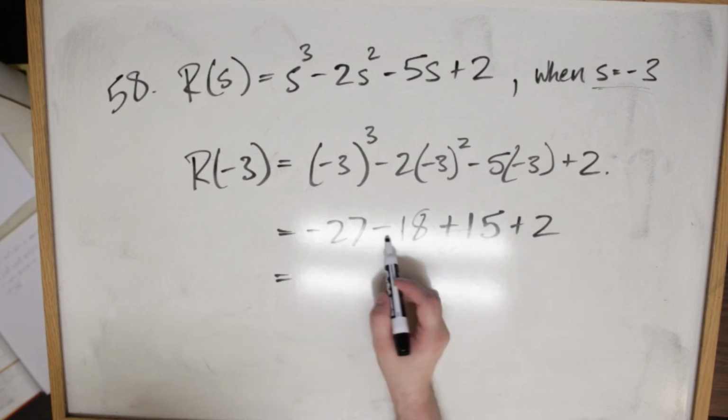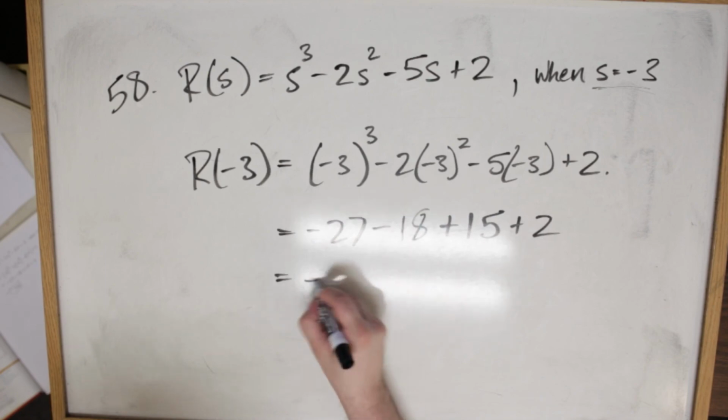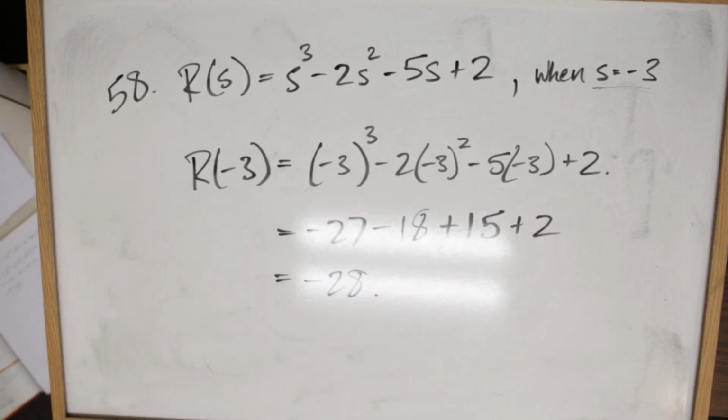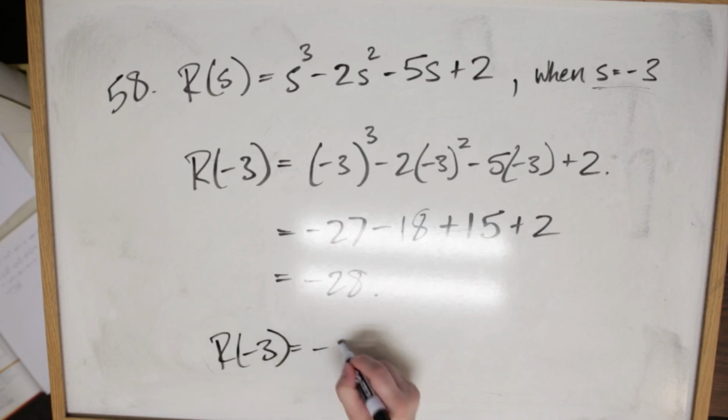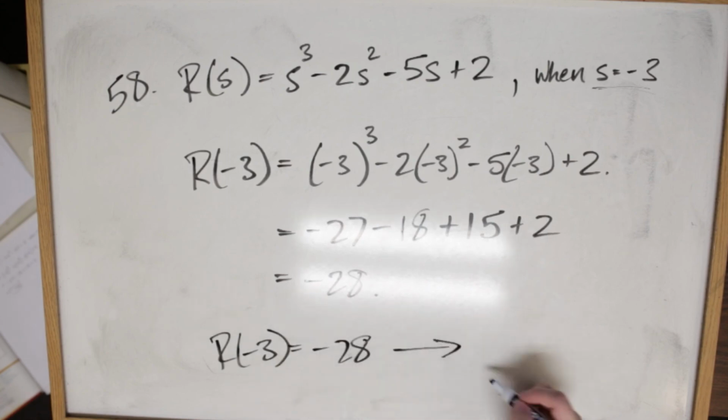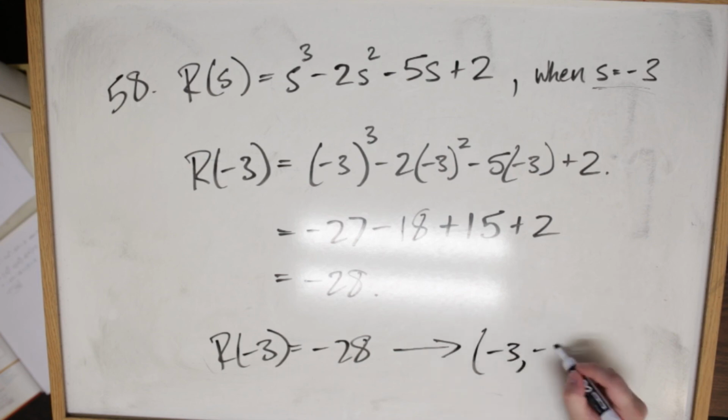Minus 1 minus 27 is a minus 28. Okay, that's kind of how I think through these problems. So that right there is our answer. In other words, r of minus 3 is equal to minus 28. And again, if we wanted to represent this as a point, we would do minus 3, minus 28.